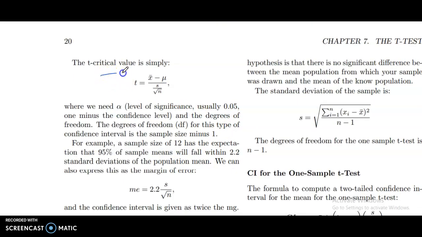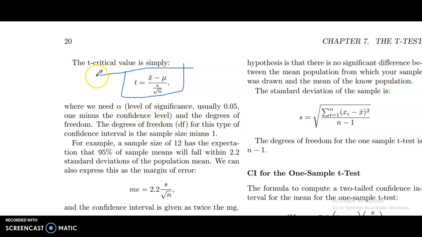The critical value is simply t equal to x bar minus mu divided by s by root n.